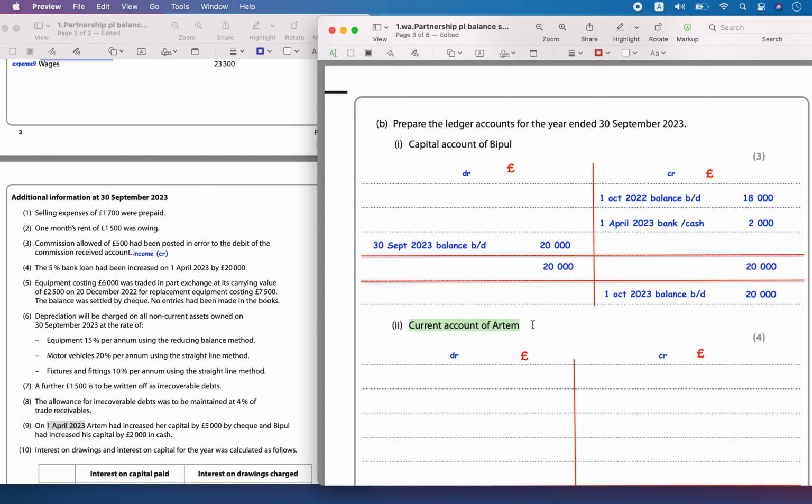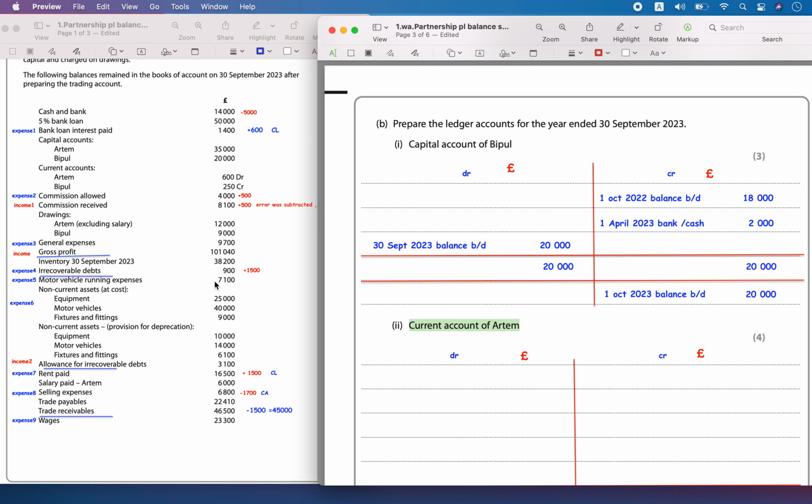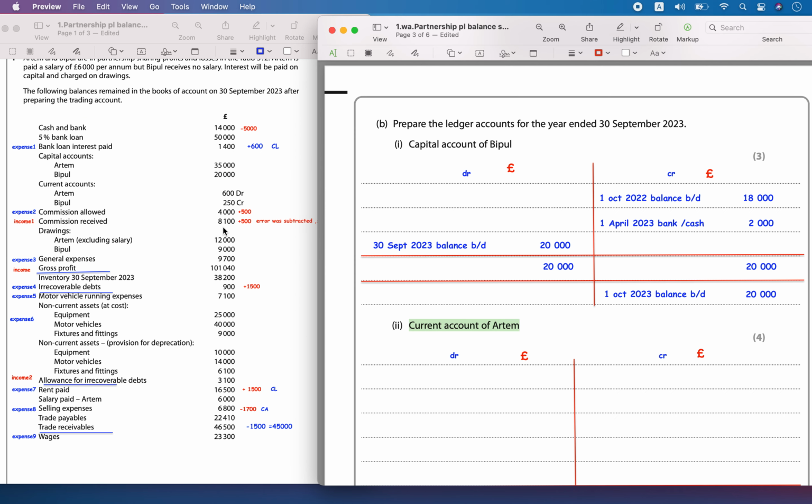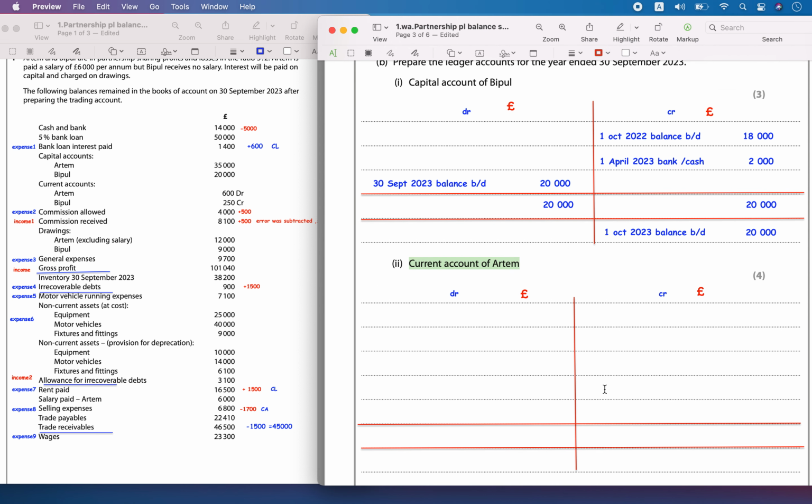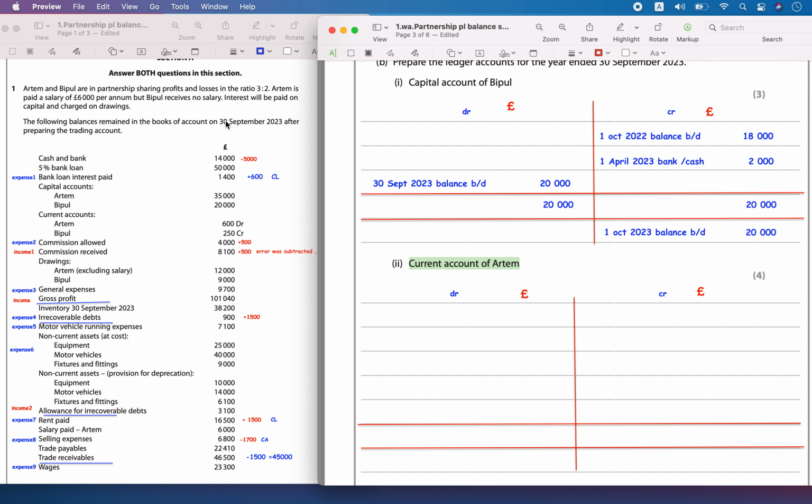Now the current account of Artem has to be prepared. Current account is a liability account. Okay, so let's see what happens. We have the ending balances to be 600 and 250. These are taken as the beginning balance, and after appropriation we adjust to the ending balance. The first one, 600 for Artem, is given, but it is on the debit side.